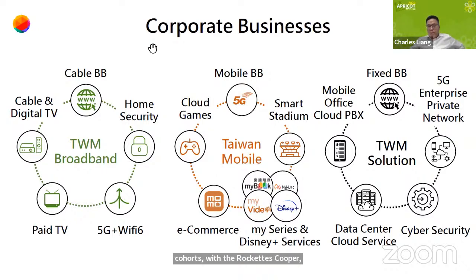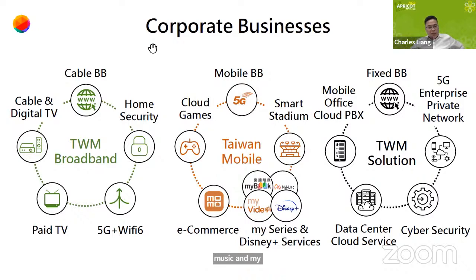Momo is a company that is 100% owned by Taiwan Mobile. Taiwan Mobile provided Momo the speed pass B2B to C service when 5G service launched in 2020. My video, my music, and my book and Disney Plus services.